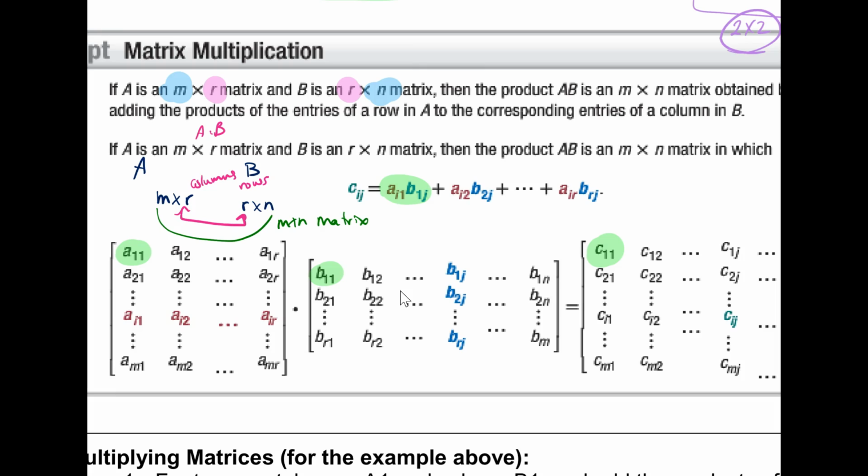Do it at the same time. I'm showing you how to do it. You go across the first, down the second. Across the first row, down the first column. So I'm going to be going across the first row, down the first column.